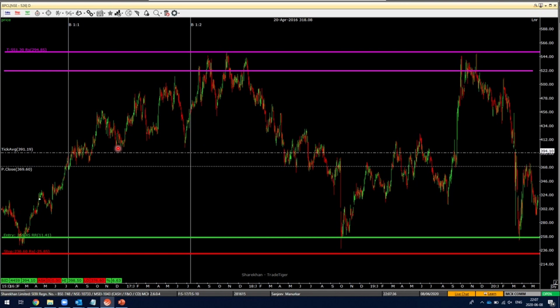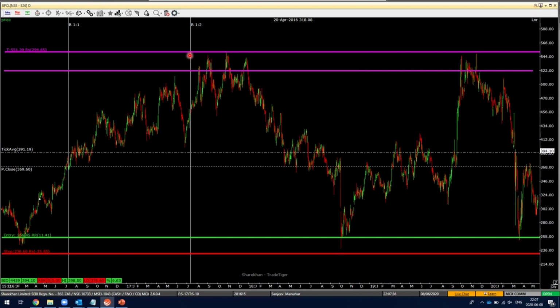Like we said, resistance is generally a price point which is hit by a share at a higher point, right? As you see, this is the share movement of BPCL spread over a couple of years. What we are seeing here is something that I have plotted, which is basically trying to understand the higher point at which the share generally hit and took a reversal.